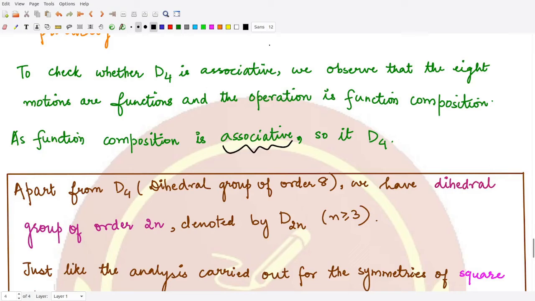If you compose f with g and then with h, this is equal to composing g with h first and then with f, whenever you compose 3 different functions. Because this holds for function composition, we have associativity for the group D4.